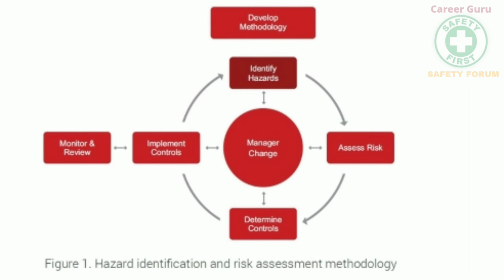And for a better understanding, a hazard identification and risk assessment methodology is given to you, in which you can see a developed methodology. There will be identifying the hazard process, then assessing the risk, then managing change if required, and there will be determination of controls, implementing the controls, then we have to monitor and review, and again we have to identify the hazard. So this is a cycle which goes on.